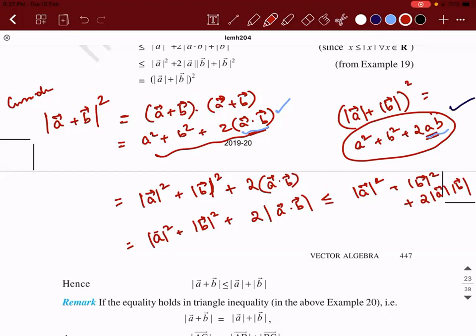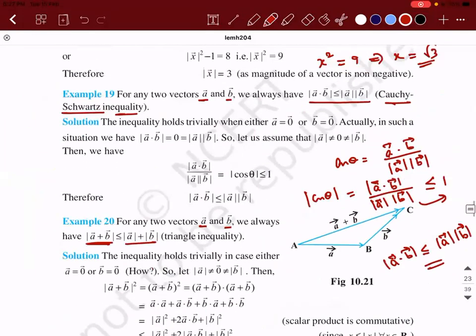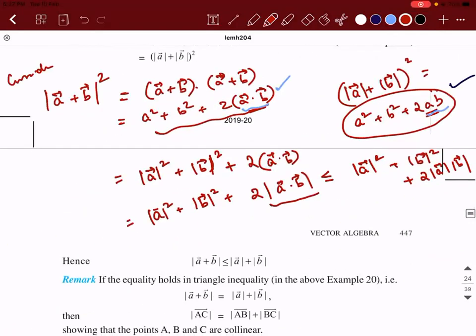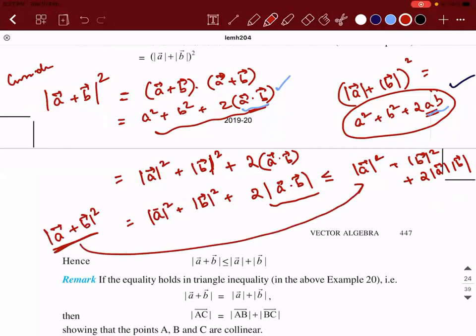Why did I write it like this? Because I know this property, the Cauchy-Schwarz inequality, that I used in this problem. So this thing is directly related to this.